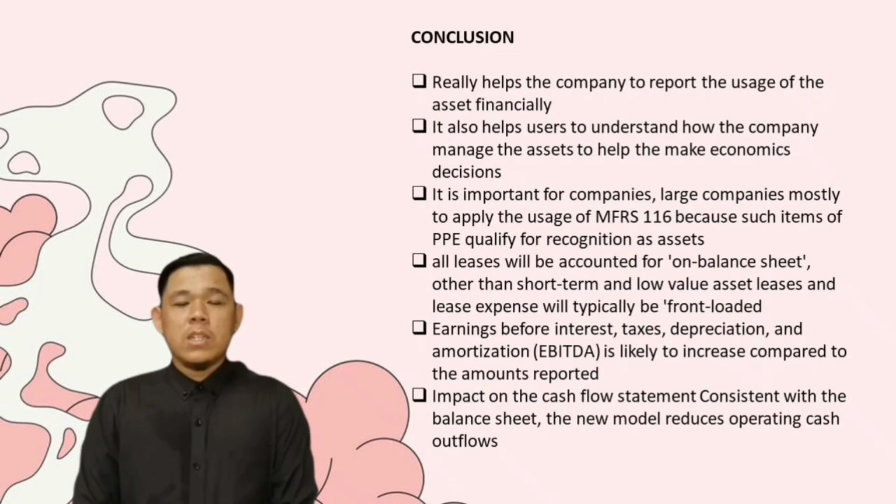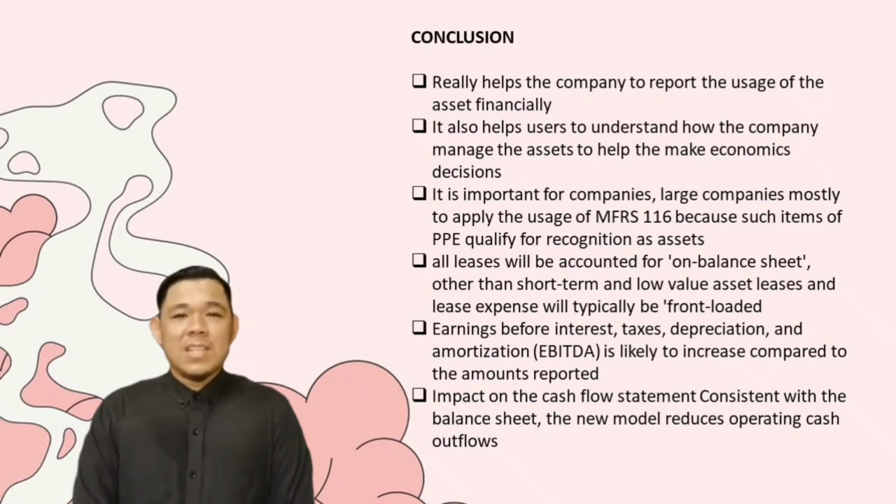As the new standard considers all leases as financing arrangements, a lessee will always recognize and present in the income statement the amortization of lease assets separately from interest on lease liability. The impact on the income statement of the new model will depend on the significance of leasing to the lessee and the length of each lease.